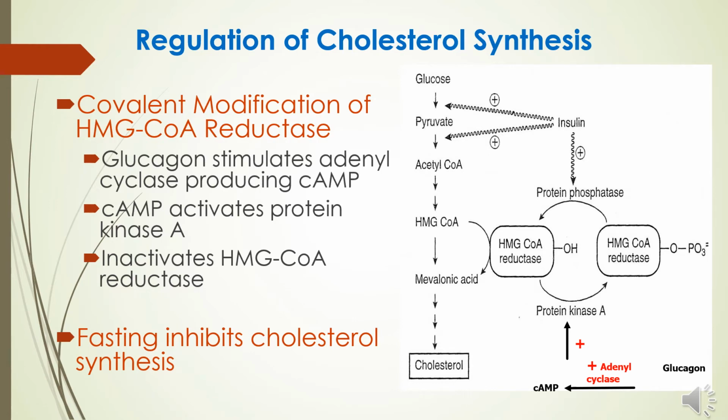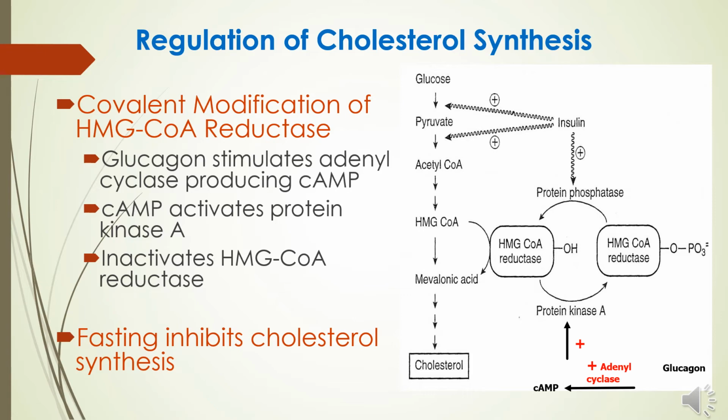During fasting and the periods of food deprivation, we have glucagon, the hormone that activates adenyl cyclase with increasing levels of the cyclic AMP and subsequent activation of a protein kinase that phosphorylates the regulatory enzyme hydroxymethylglutarate CoA reductase and inhibits its activity.